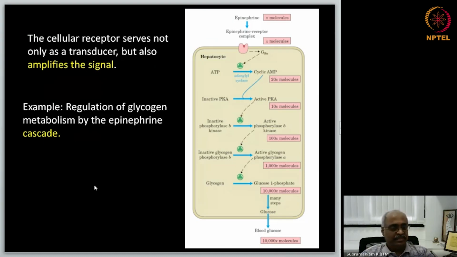Okay, so this is another important concept of signal transduction, like hormonal signal transduction.